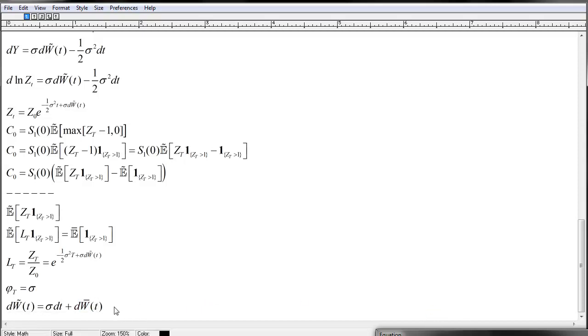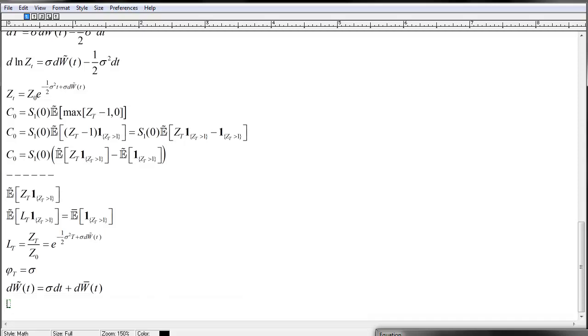So I basically have a new dynamics for z under this measure. Instead of this term, I will use these terms, so it will result in positive sigma.